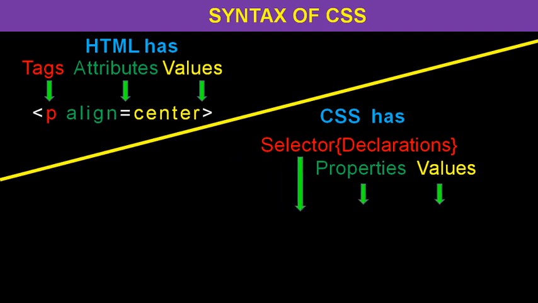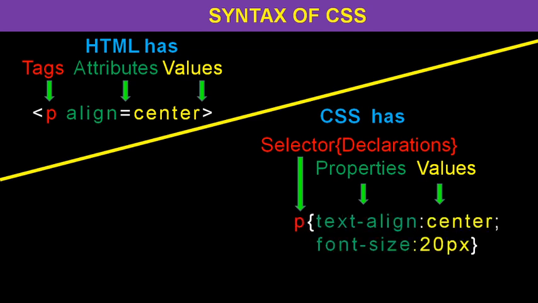Now let us consider a selector. Here we have used P as a selector. Once we write the selector name, put a curly bracket, then write the name of the property, put a colon sign and write its value.